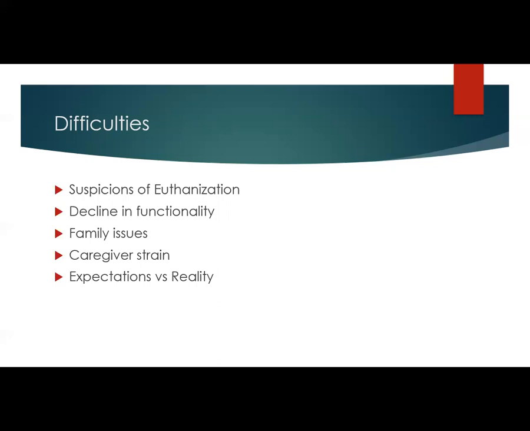Family issues can be extremely straining because when you get into family issues, one person may think that they don't want them to be a DNR, one person may want them to be a DNR, and that can end up being very difficult to talk with. Caregiver strain, it may be difficult on the caregiver to be handling the patient. So just thinking about these different things that can be very difficult for them. You want them to understand the expectations versus reality of what's actually happening with the patient versus what they think is going to happen with the patient.